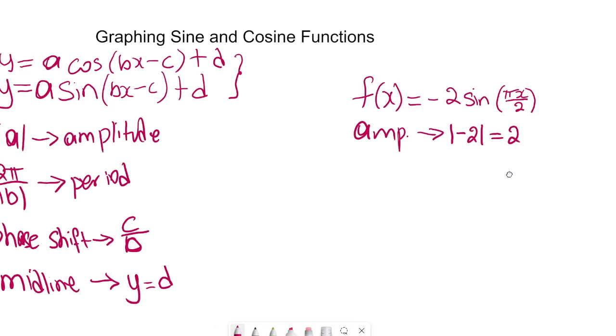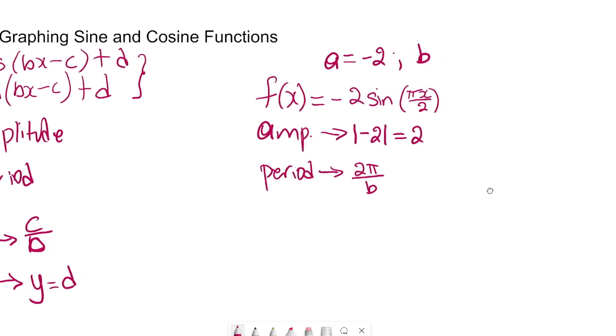Now, we're going to look at what the period is. The period is going to be 2 pi over b, right? But first, what is A? Here A is -2. And then B, now we can rewrite this function.